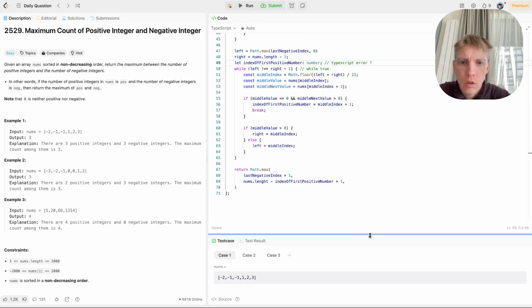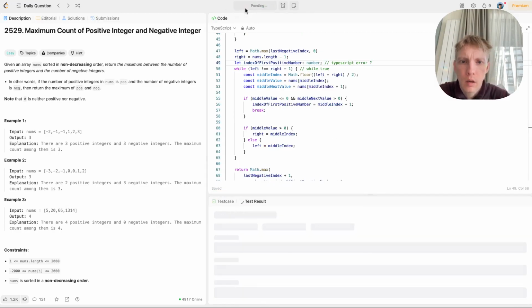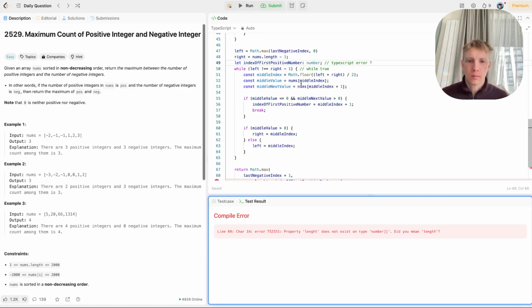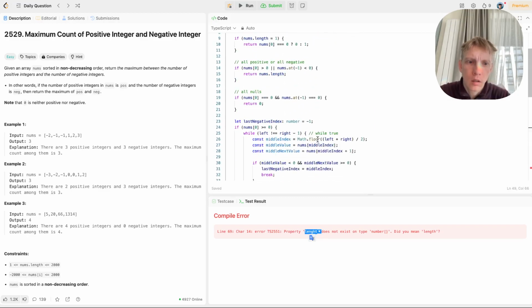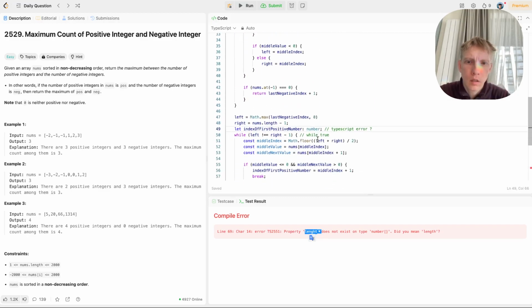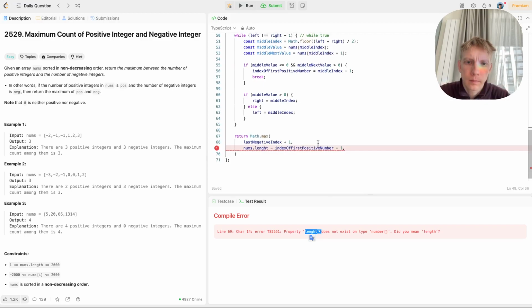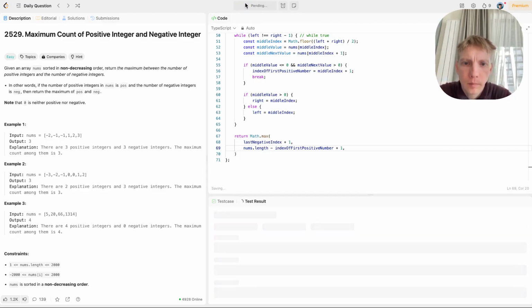But let's just try what we got. Looks like it should work, but property length does not exist. Length. Yep.